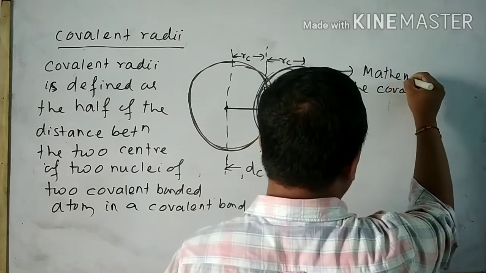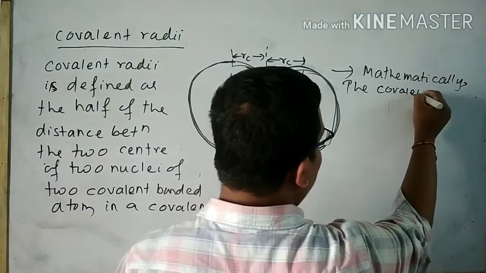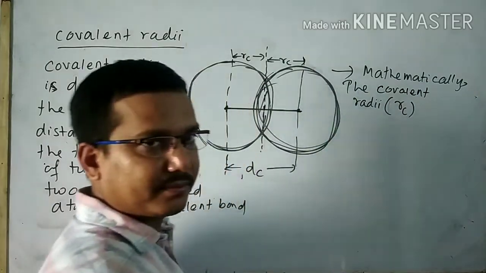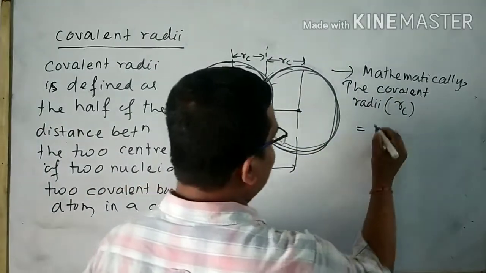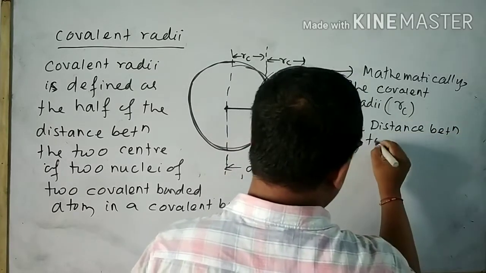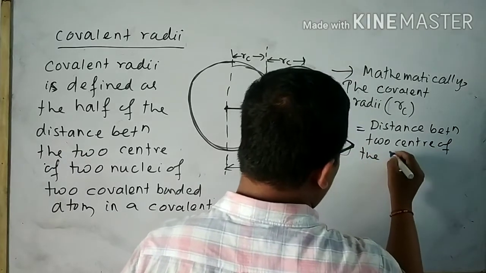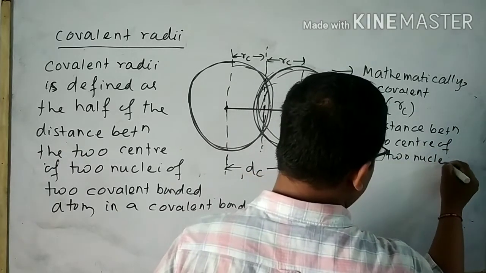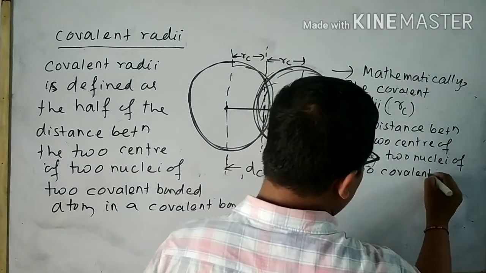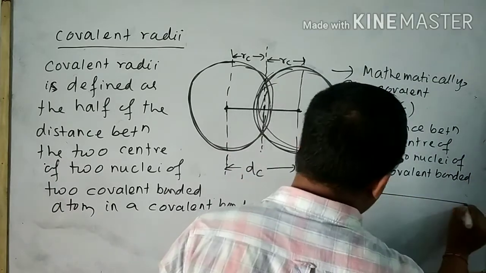Mathematically, the covalent radii, taken as RC, is equal to the distance between the two centers of the two nuclei of two covalently bonded atoms divided by 2.